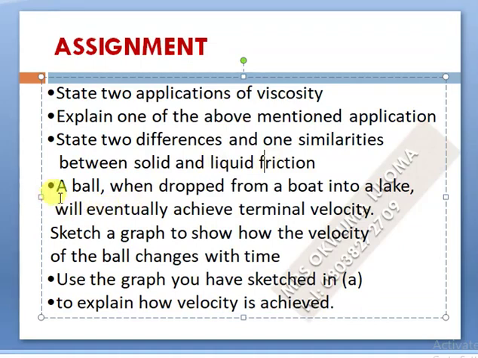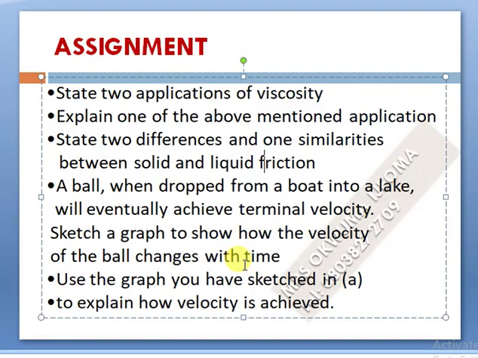Assignment number 4: A ball when dropped from a boat into a lake will eventually achieve what? Terminal velocity. Sketch a graph to show how the velocity of the ball changes with time. So sketch a graph to indicate terminal velocity. We have said it in our previous lesson.